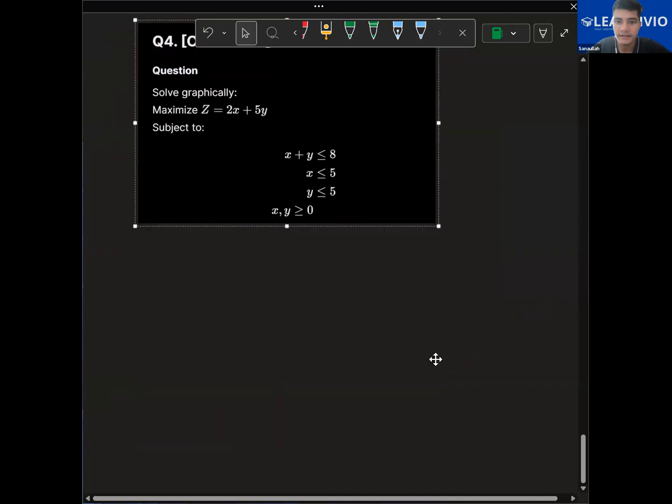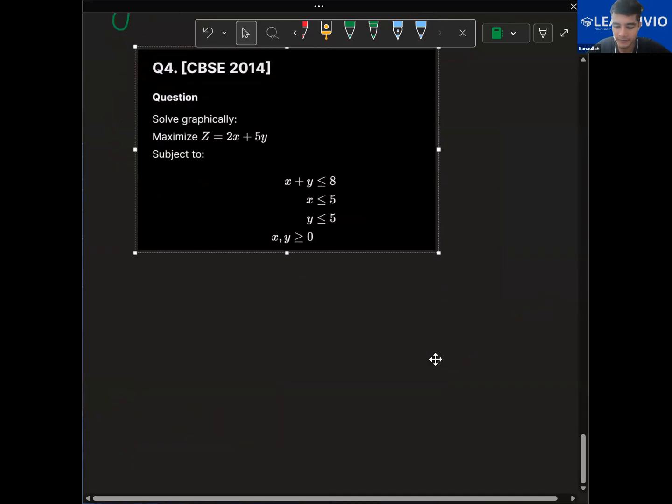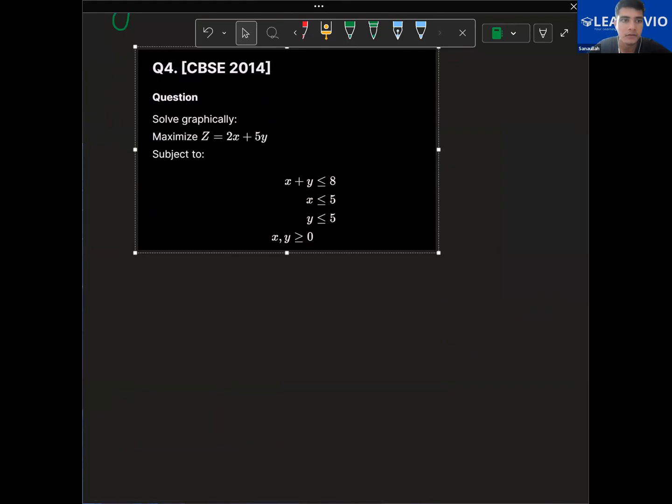Solve graphically, maximize this function, that is z is equals to 2x plus 5y, and these are the constraints. Now you know how to solve these type of questions, so now your main focus will be speed.